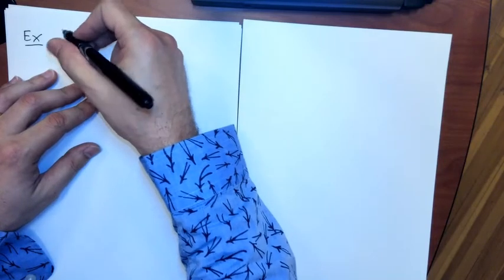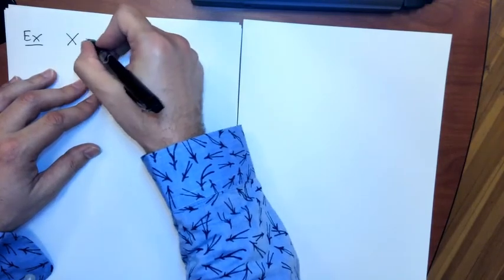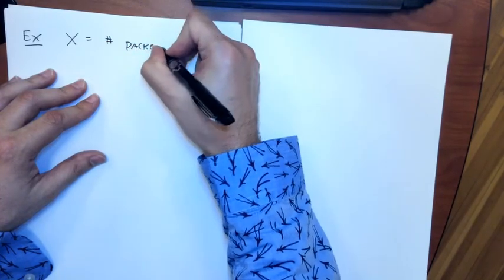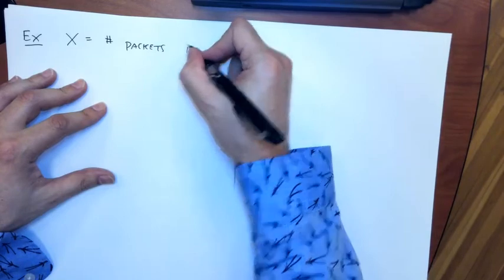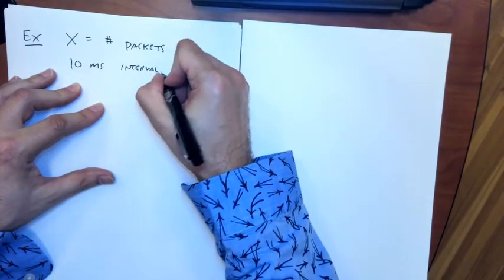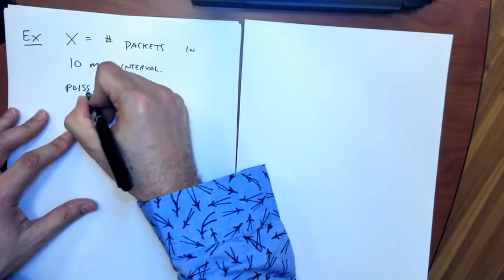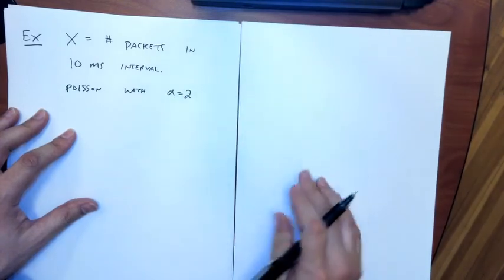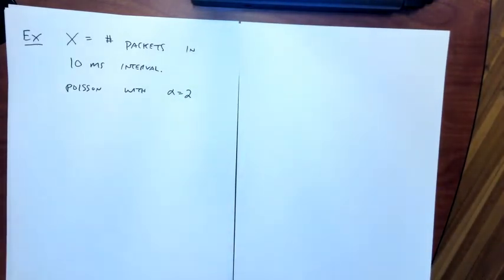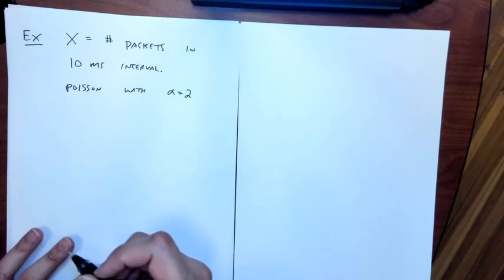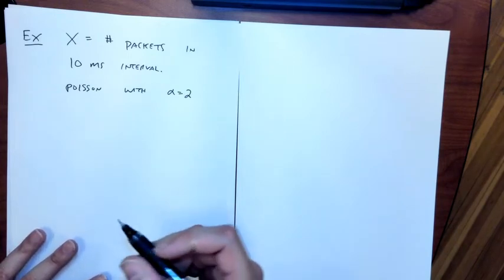Let's suppose that X equals the number of packets that arrive at my router in a 10 millisecond interval, and I model this as a Poisson random variable with a mean of 2. Well, let's just do it.